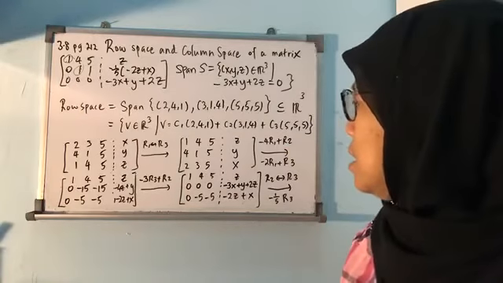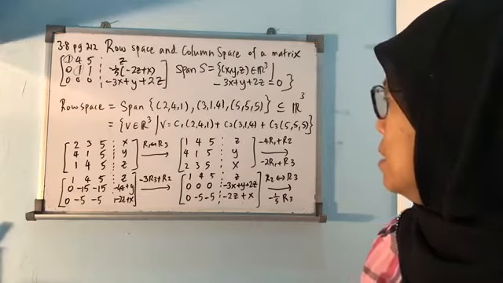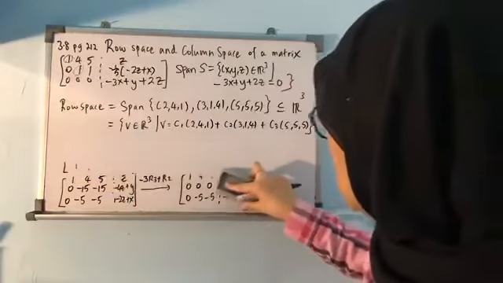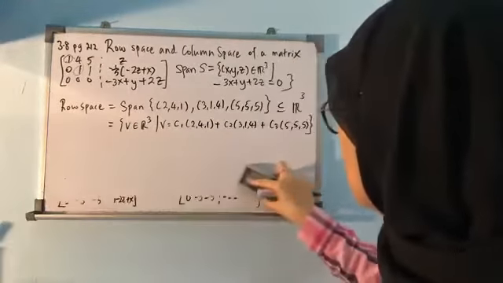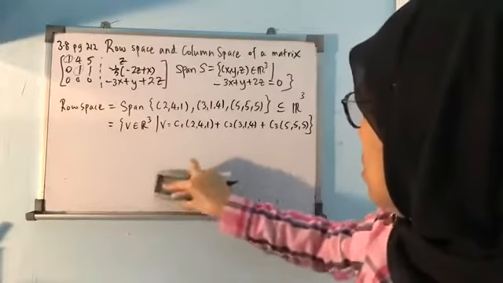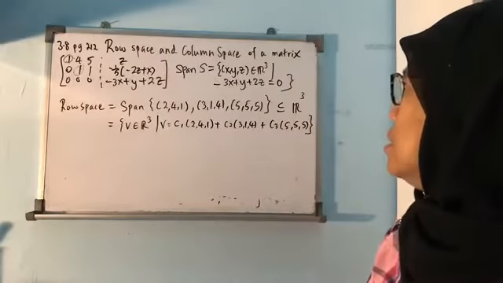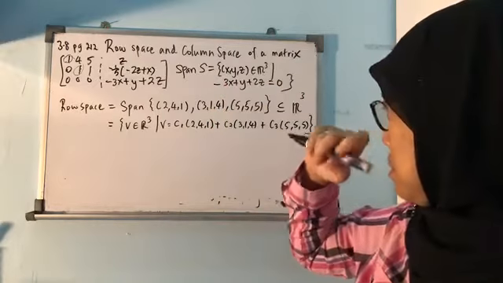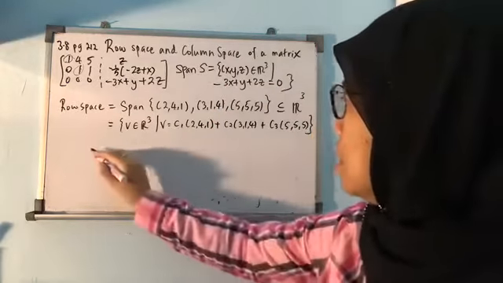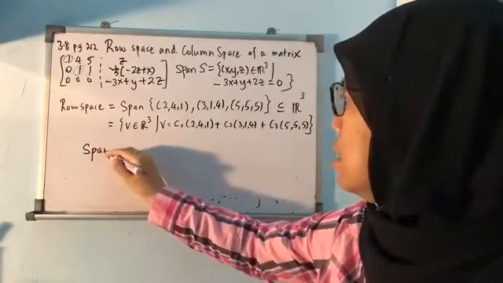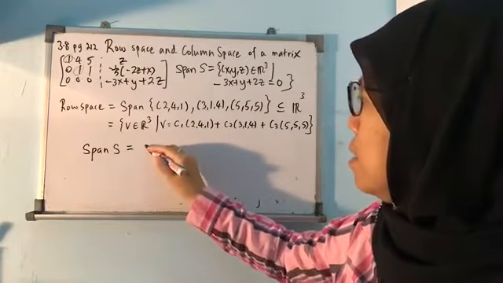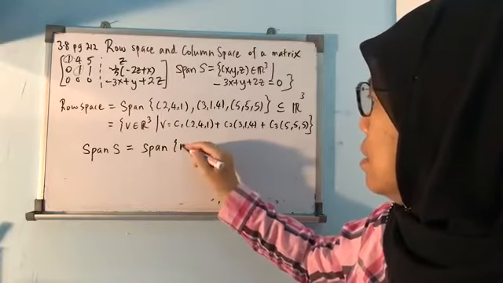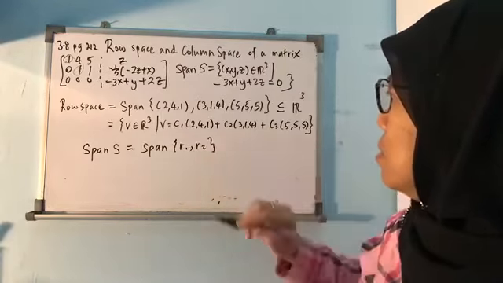That is the next question I can probably ask. Because this one has two variables, so span S is actually the span of just R1 and R2.